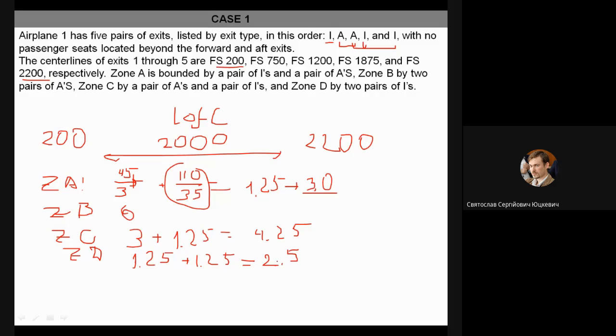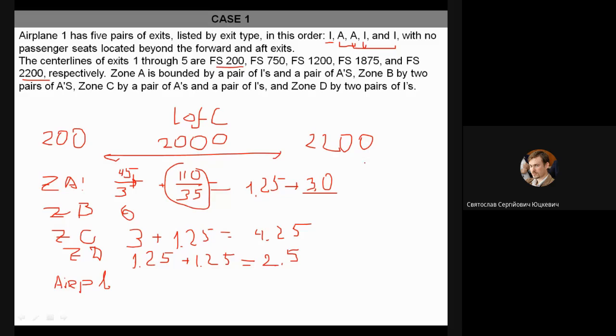So now we know the number of exit units for each zone. What is the total for the A-plane? As you remember, we need to summarize all of them.